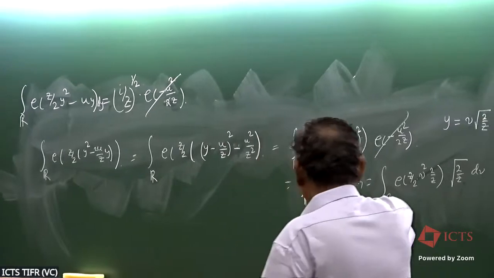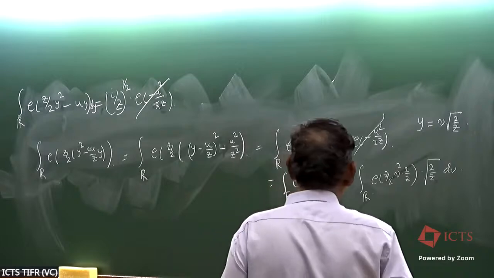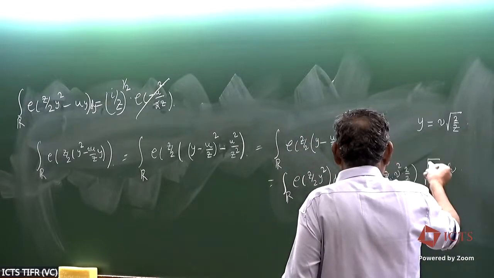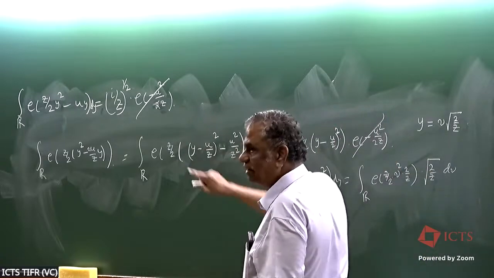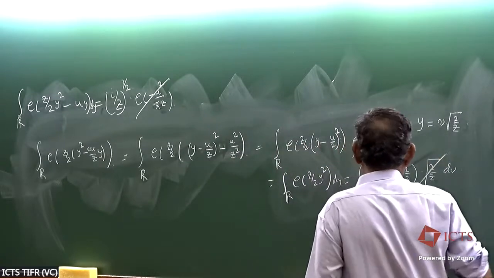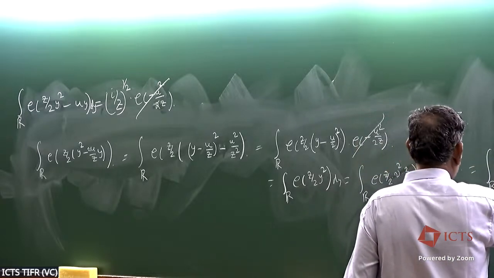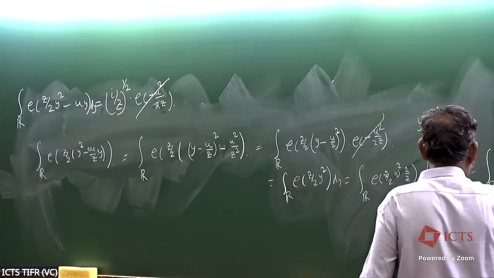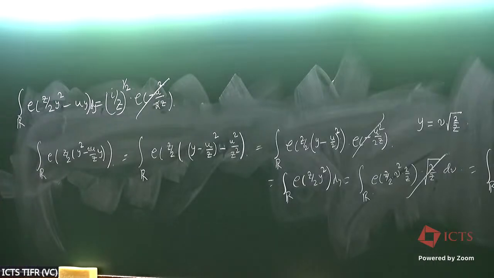That's the only thing, which is of course satisfied because I am still in the exponential function. I have no problem. The constant I am forgetting because everything will adjust, and this 1 over root z is already there. Therefore, you have this integral over R of e power v square. If I know how to do this integral, e power v square dv, then I am happy. That's all we want to do.